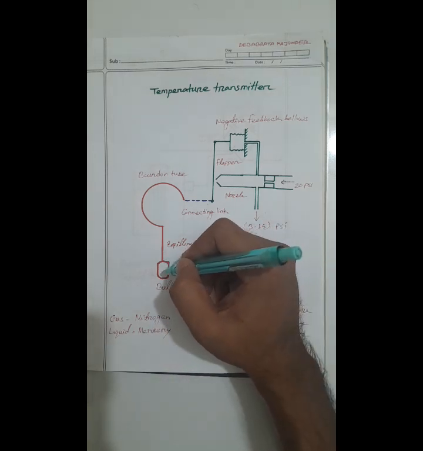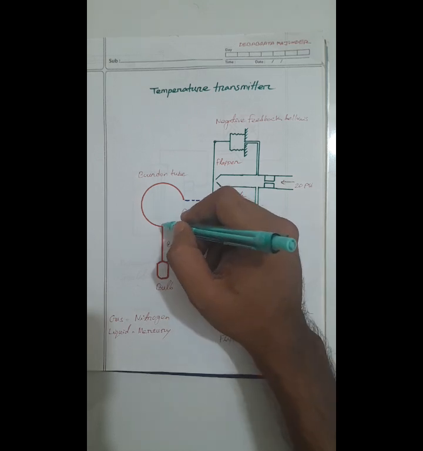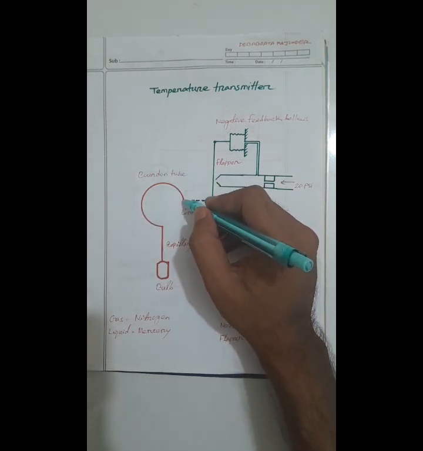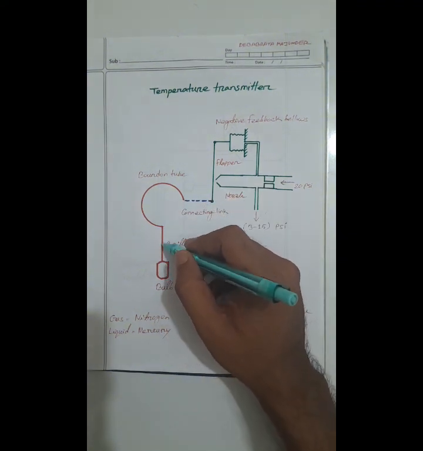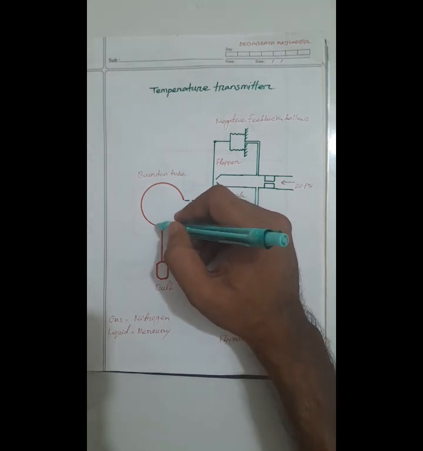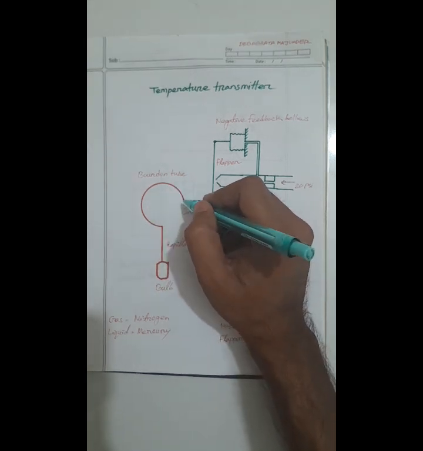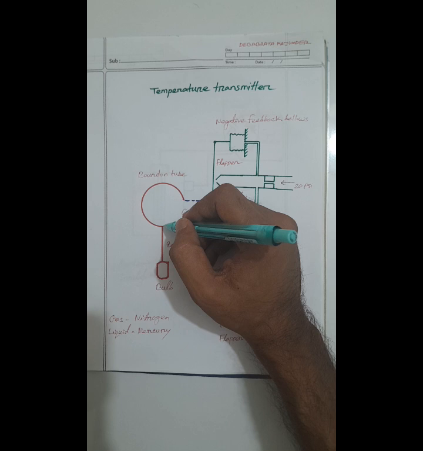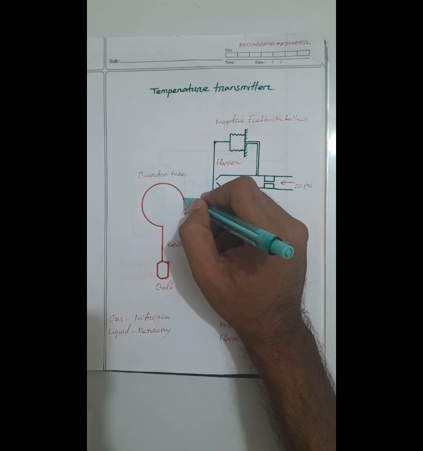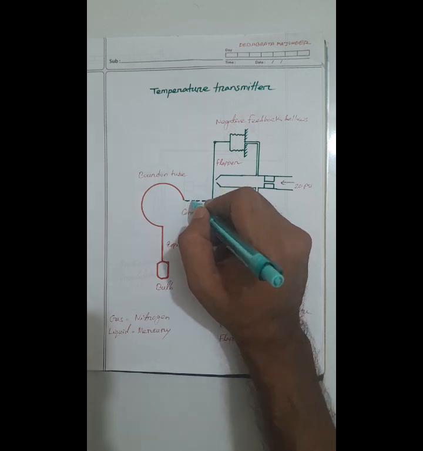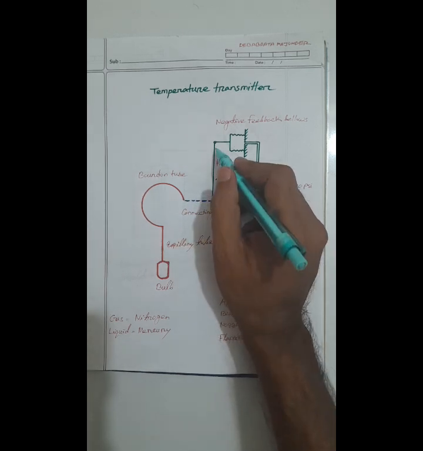Due to the rise in pressure, the end of this Bourdon tube is expanded. As we know, this liquid fills this line, this bulb, this capillary tube, and is also connected to the Bourdon tube. That means whenever the pressure increases, the Bourdon tube end expands. This point can be expanded, and it is connected with the flapper.